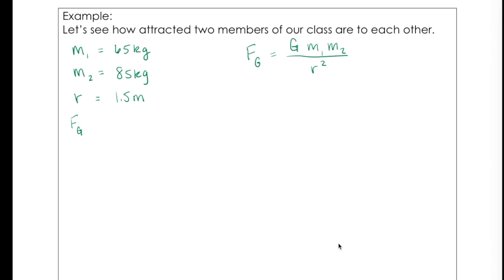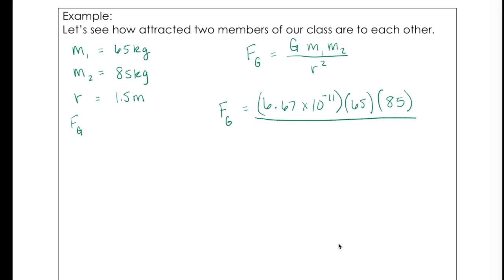So plugging it in, we're going to put in the constant, 6.67 times 10 to the negative 11th, times our mass, so 65 kilograms, and then times our second mass of 85 kilograms, divided by the radius squared, so 1.5 squared.